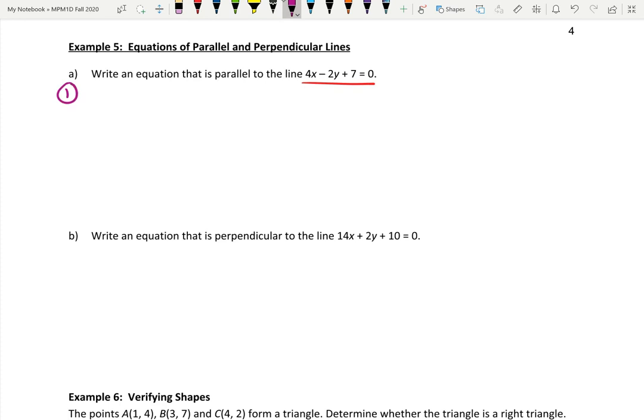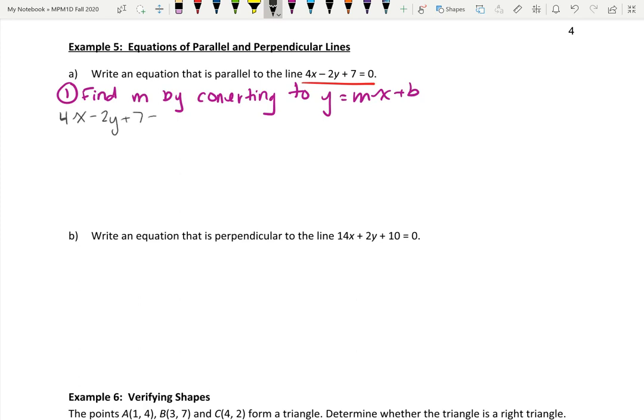So step 1, find slope by converting to y is equal to mx plus b. So I'm going to write out my standard form equation and then isolate y.